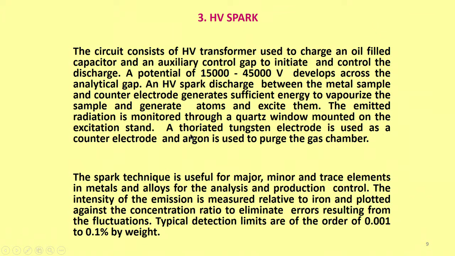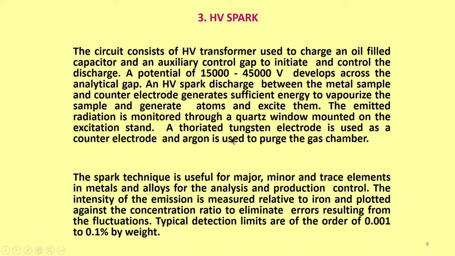We use a tungsten electrode which is coated with thorium. So, that is what it means. A thoriated tungsten electrode is used as a counter electrode, and argon is used to purge the gas chamber.